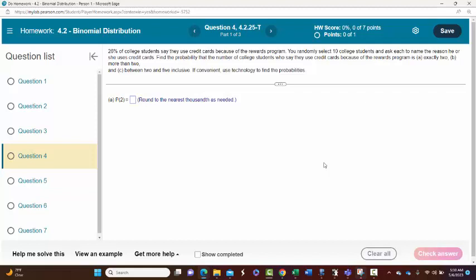I took out one problem and added a problem, so still the same number of problems, 7. All right, 26% of college students use cards because of the rewards program. You select 10 students, and then find the probability that for the first one, exactly 2 out of those 10 say they use credit cards.